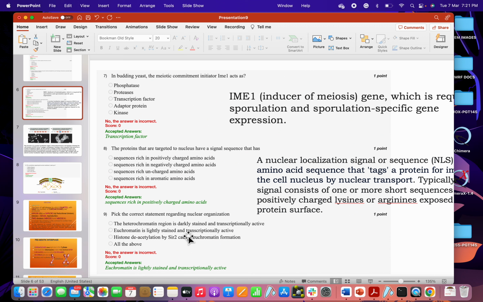So what happens in the nucleus? We know that we have chromatin. Sometimes some parts of the chromatin are condensed, led by some proteins, and some parts are not condensed.